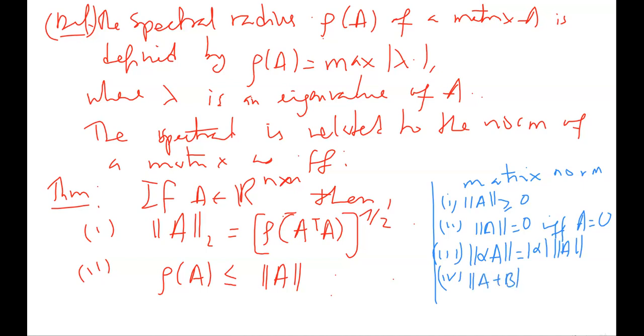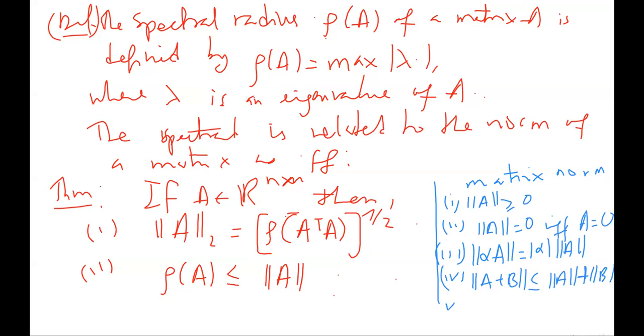The sum of matrices gives us that. And 5. The product will give us that and that.